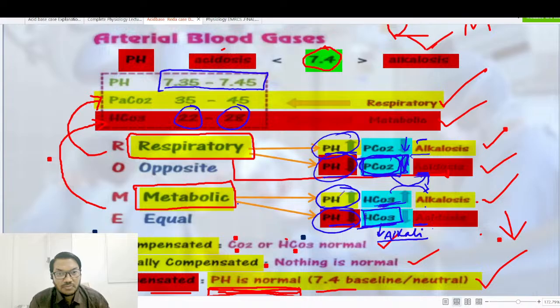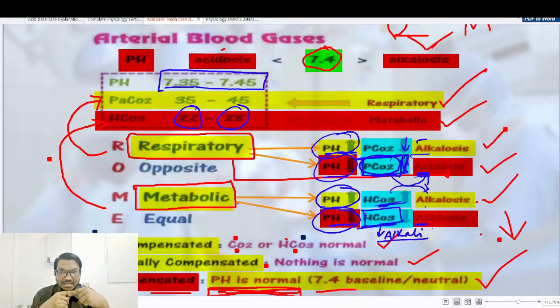Now, when in our body we have either acidosis or alkalosis, our body has a defense mechanism: the body tries to compensate, to make it normal, neutral again. That is called compensation. In this compensation, our respiratory system and our renal system both try.